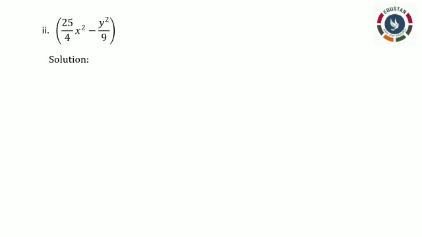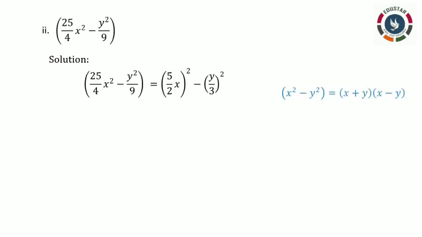So, the first term can be written as (5 by 2 into x) the whole square, and the second term, y square by 9, can be written as (y by 3) the whole square. Therefore, the given expression can be written as (5 by 2 into x) the whole square minus (y by 3) the whole square. This is related to the third identity, x square minus y square is equal to (x plus y) into (x minus y).